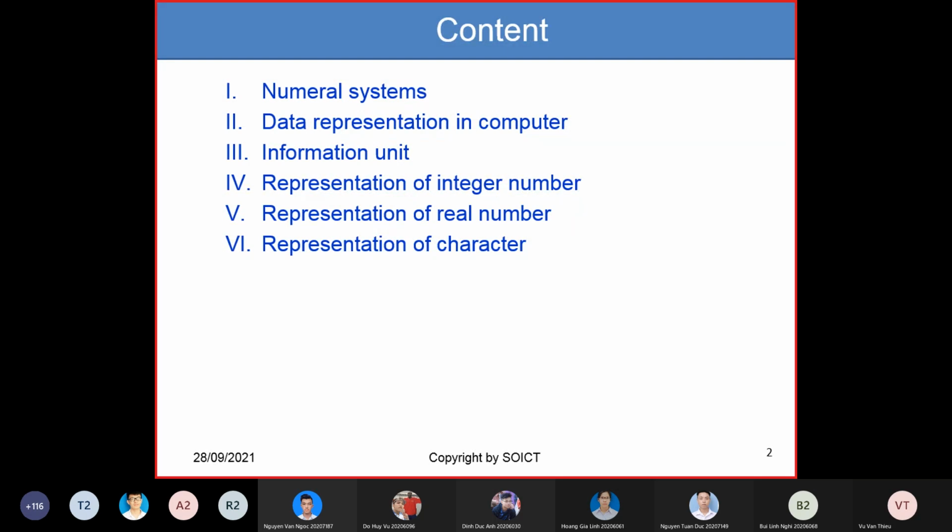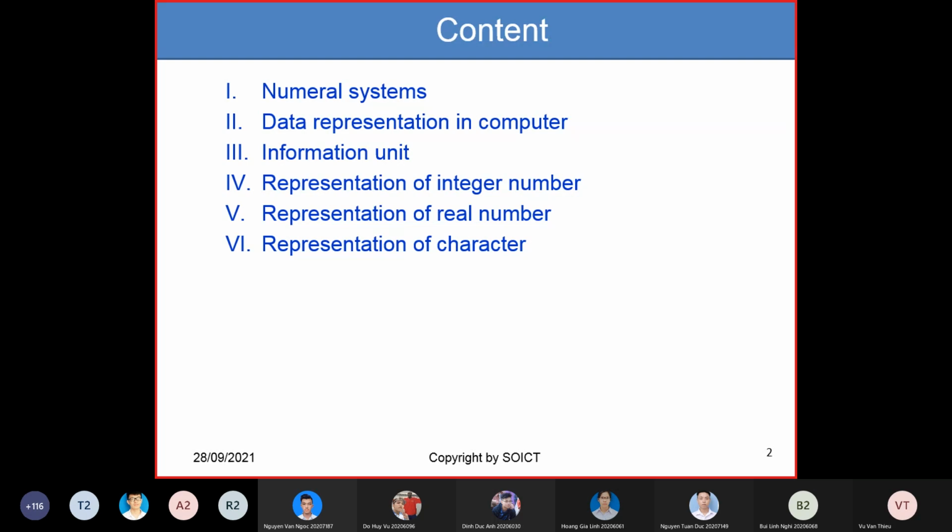First, we study the information unit, which is a very short one. And lastly, we talk in detail about how to represent integers, real numbers, and also characters in the computer. I hope in the rest of the time today we will study the first one, numeral systems.